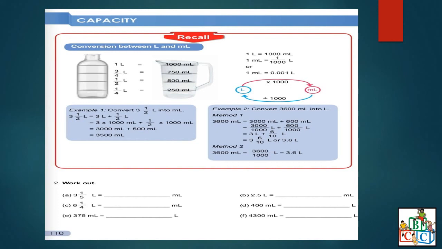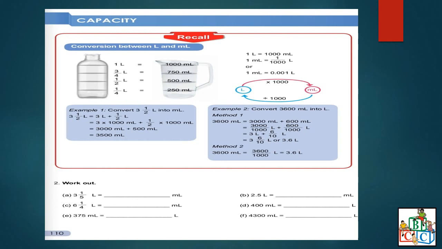So here as well it's a bit complicated, so you move on to method 2, which is direct. 3600 ml divided by 1000. Your direct answer is 3.6 liters. This is your answer. So you're going to do this method itself for all your questions.